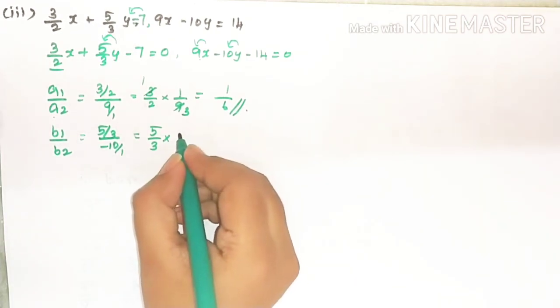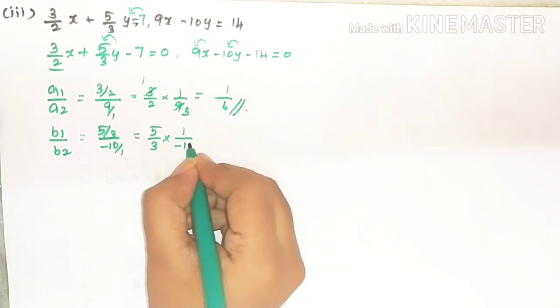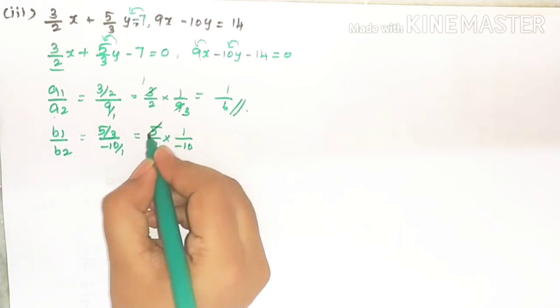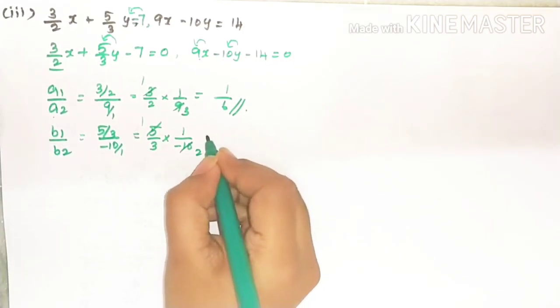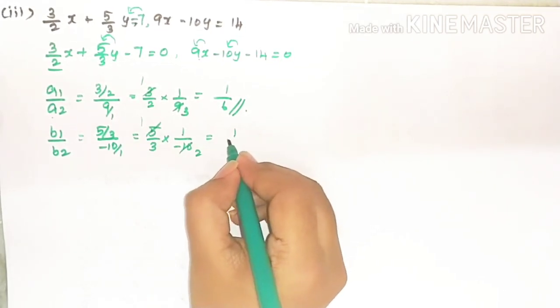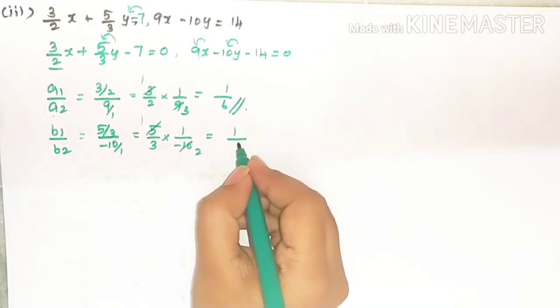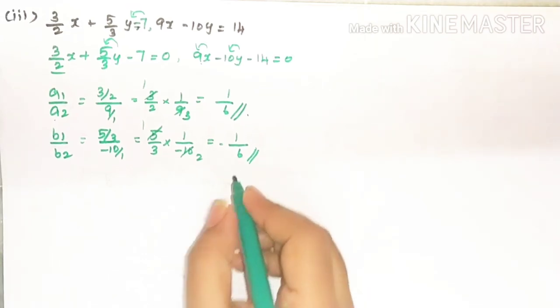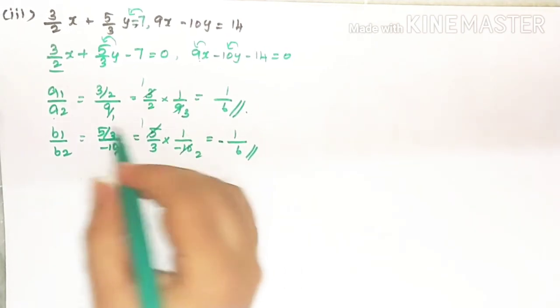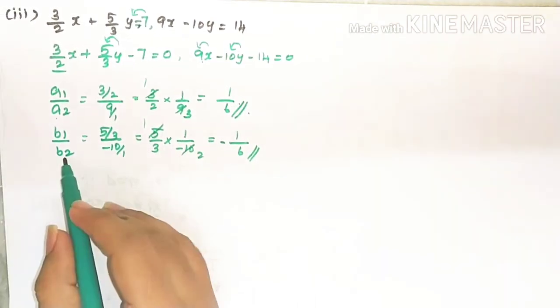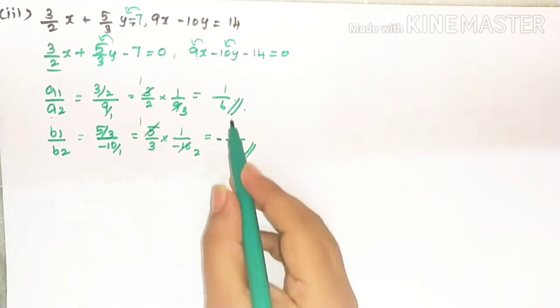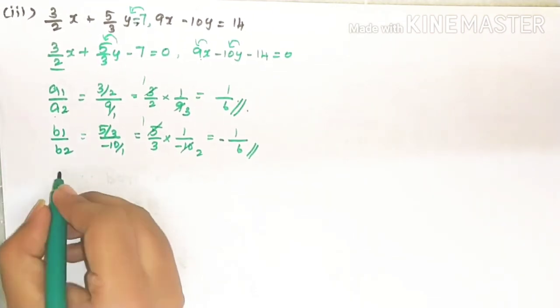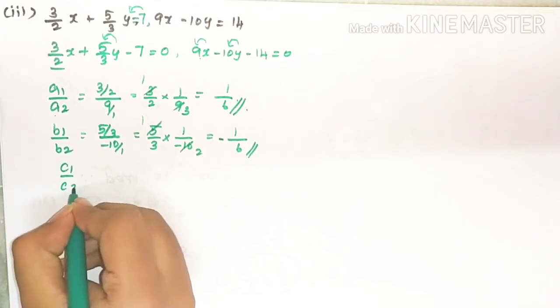If you take the reciprocal of minus 10 by 1 you will get 1 divided by minus 10. 5 table we can cancel 1 time and 2 time. So 1 1s are 1. The denominator 3 2s are 6. Plus into minus is minus. So the second one you got minus 1 by 6. a1 by a2 is 1 by 6, b1 by b2 is minus 1 by 6. Both are not equal.